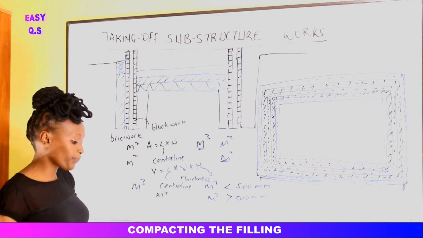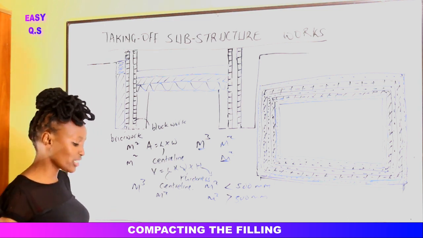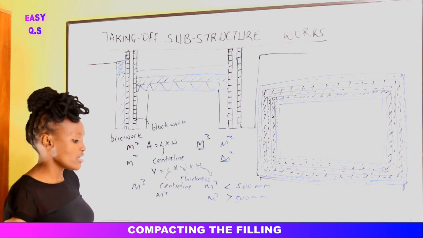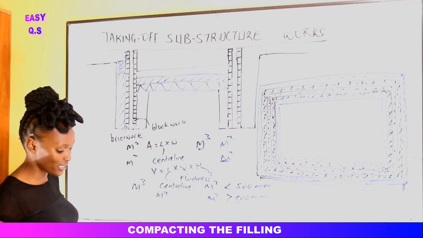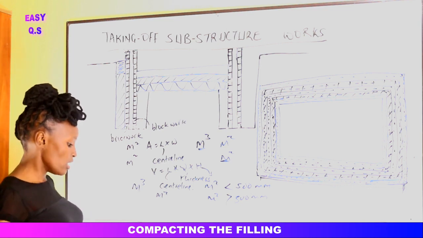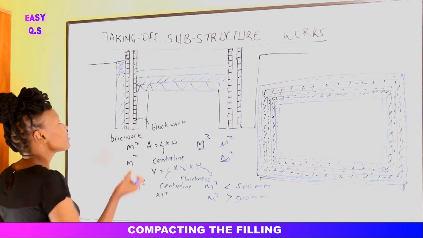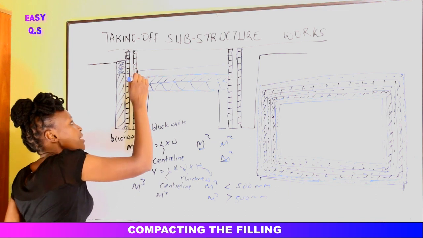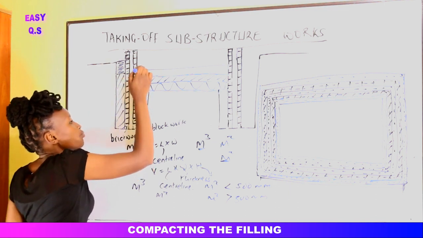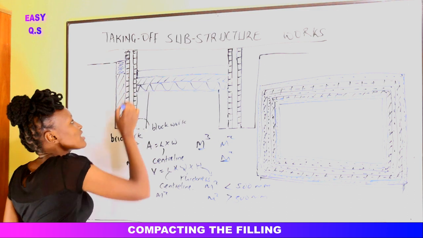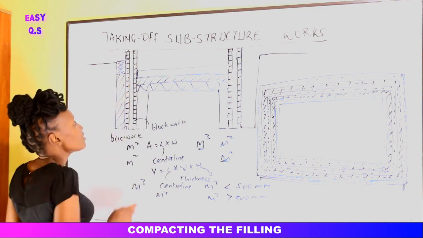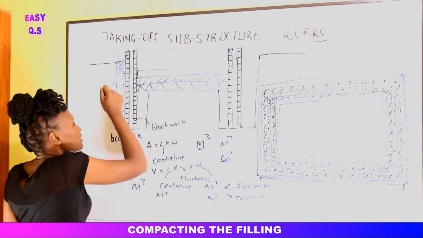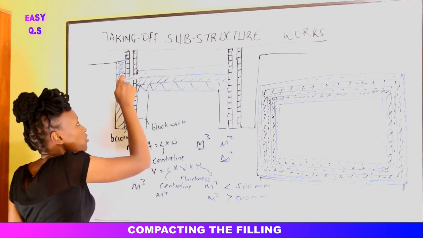Okay, so after the concrete bed, now we need to do something called the DPM abutment to walls. Something that we are talking about with the DPM abutment is that we shall need to put a damp proof membrane on the sides where we shall have the concrete, where we have the wall, so that water doesn't come in through the outside to the concrete.